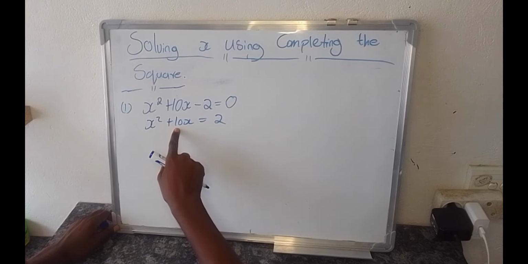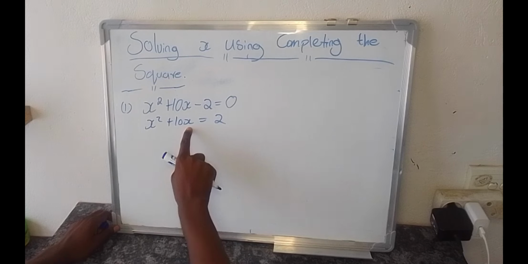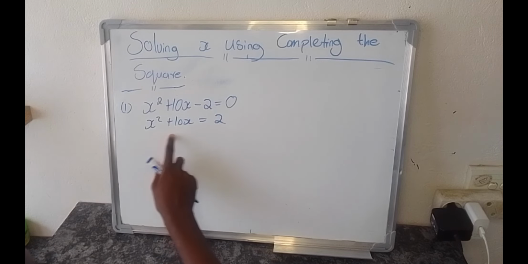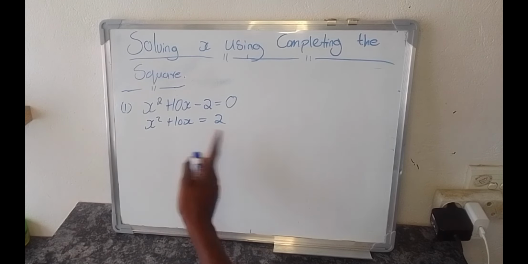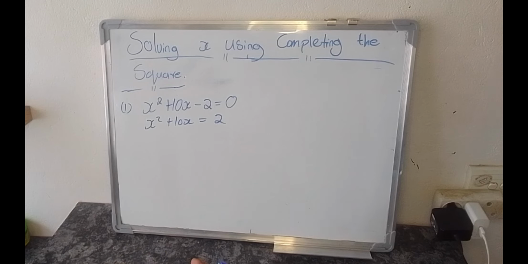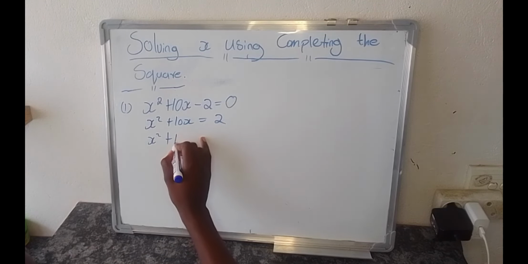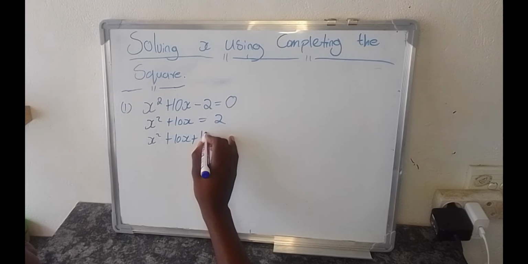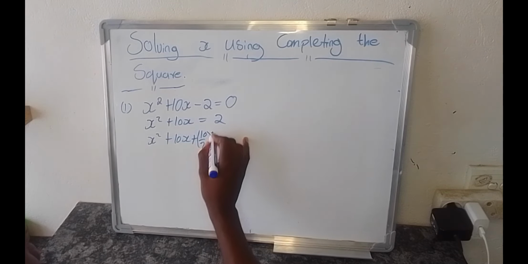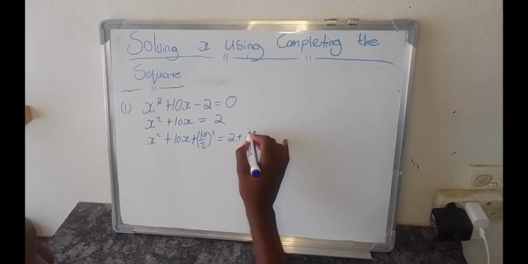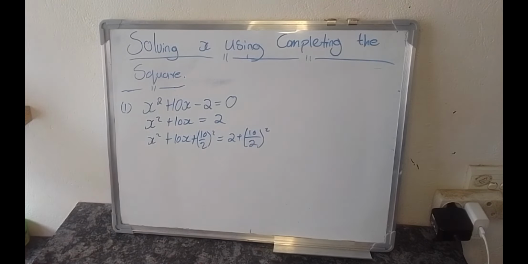Then from there we are going to focus on the coefficient of x. We are going to divide it by 2, then square it, and the answer we are going to write at both sides, because what you do on the right hand side you also have to do at the left hand side. Meaning we are going to have x squared plus 10x plus (10 divided by 2) to the power of 2 is equal to 2 plus (10 divided by 2) to the power of 2.